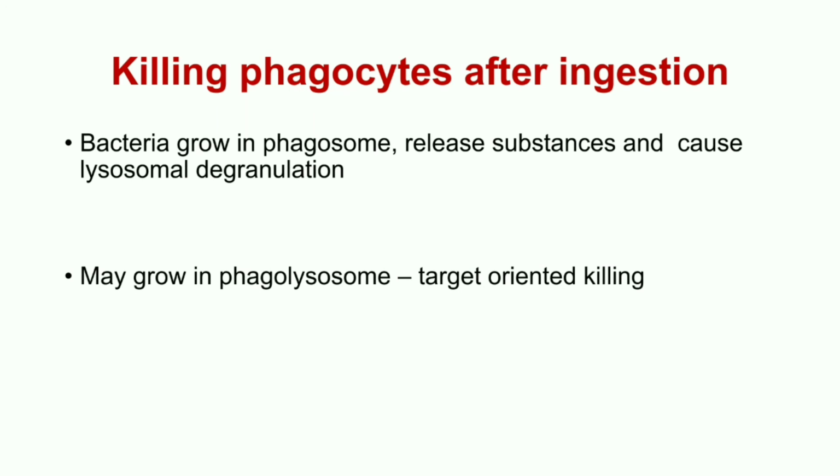Not only this, many intracellular bacteria can also grow in the phagolysosome and release toxic substances which pass through the membrane of the phagolysosome to other target sites in the cell, bringing about a target oriented killing.